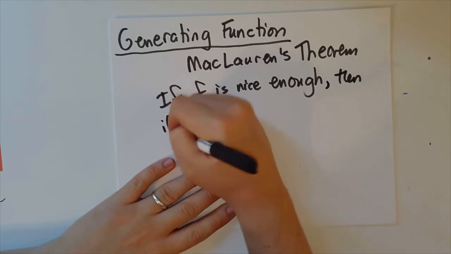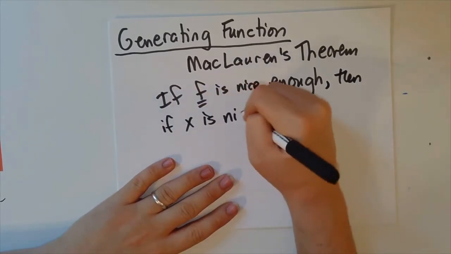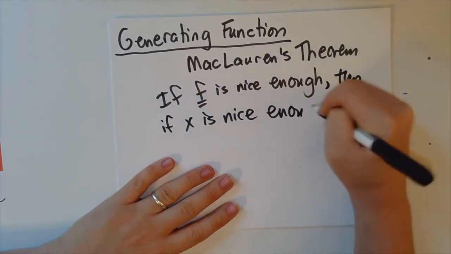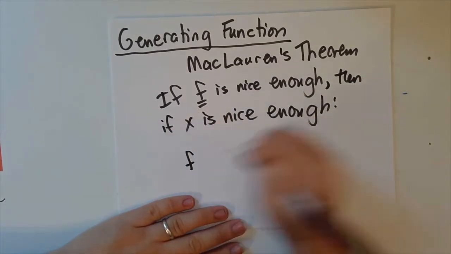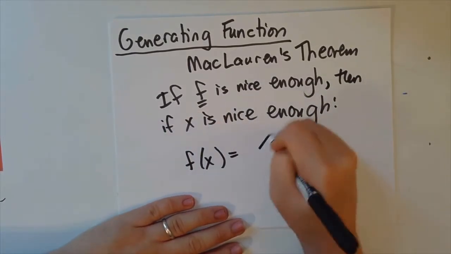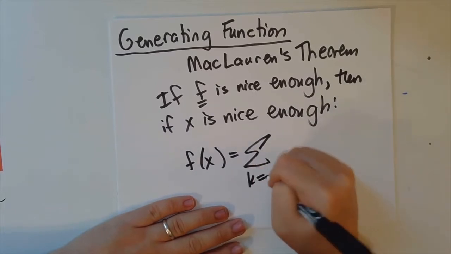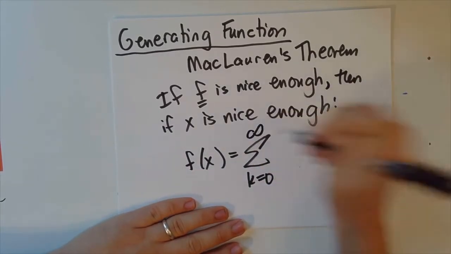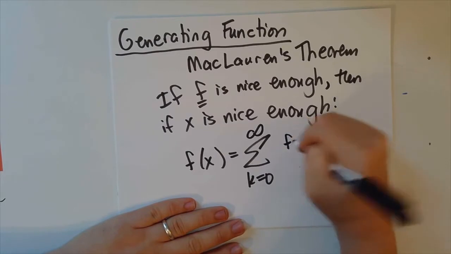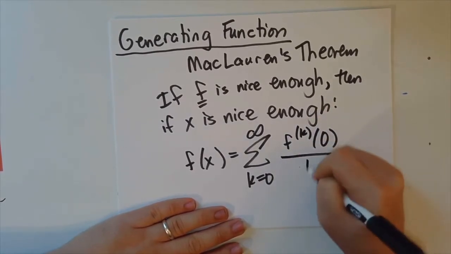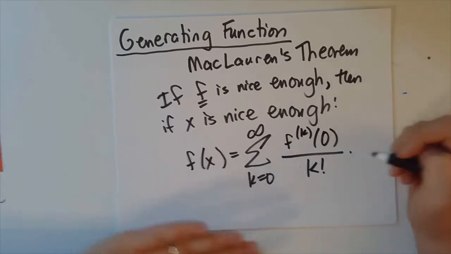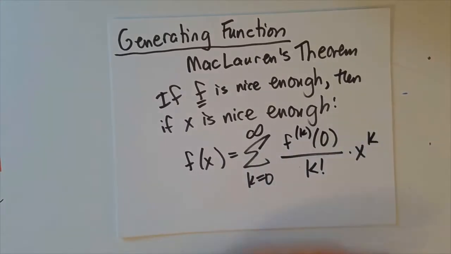Then if x is nice enough, f of x is equal to the sum as k goes from 0 to infinity of the kth derivative at 0 of f over k factorial times x to the k. This is what Maclaurin's theorem said.